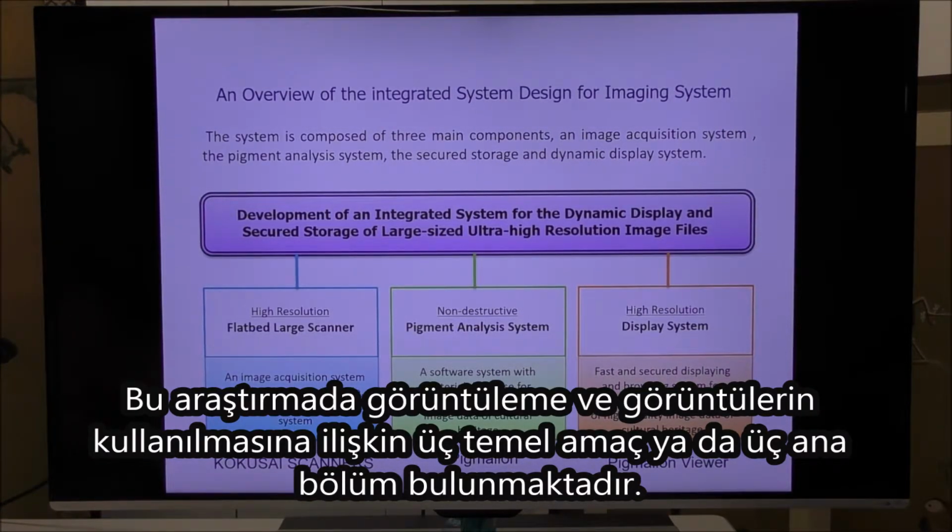In this research, we had three main parts, or three main aims, for imaging and also using these images.